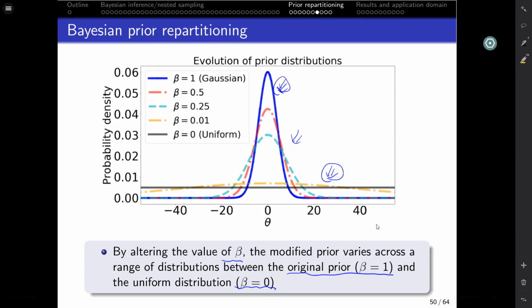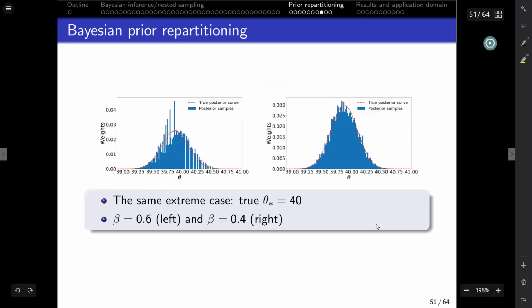If we keep this prior too flat, too wide, then it's quite low efficiency. We also have a very broad region in the state space to search. That's not good, so we need to find the correct one. If we do that manually, for example, in the same example here with the truth equal to 40, we manually set beta equal to 0.6 on the left.